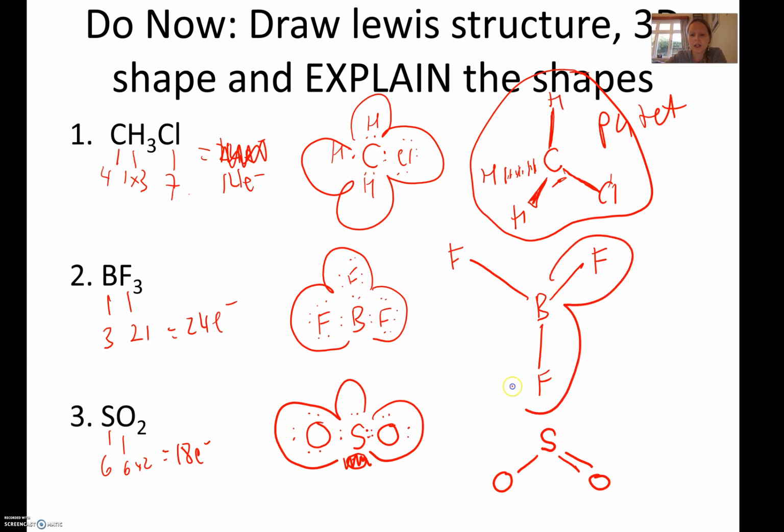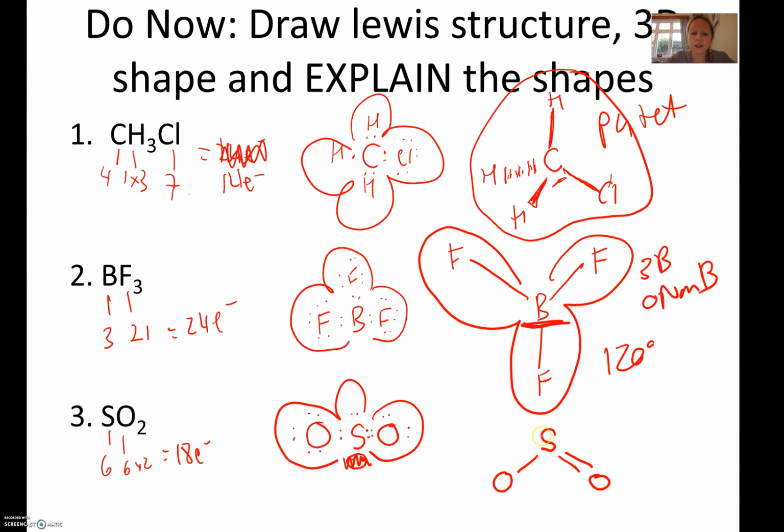BF3 has got 3 electron density regions around the central B atom. These repel as far as possible, creating a parent geometry of trigonal planar. There are 3 bonding and 0 non-bonding, so therefore the shape is also trigonal planar with a bond angle of 120.